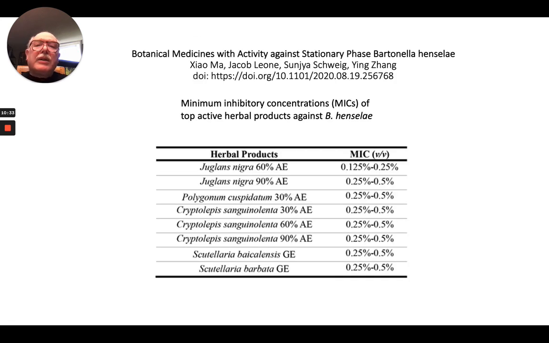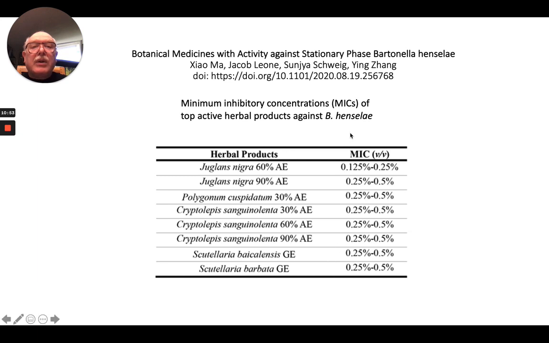Last year there was a good article published by a group of basic researchers, talking about the activity of several botanicals against the stationary phase of Bartonella henselae. This is the table which I compiled from the article.